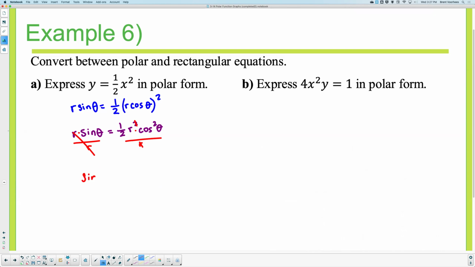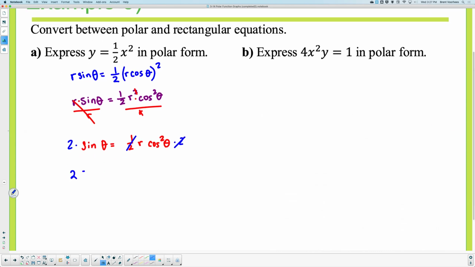But now I have that sine theta equals 1/2 r cosine squared theta. What I could do is multiply both sides by 2. That gets rid of the 1/2. So 2 sine theta equals r cosine squared theta. And finally, you would divide by your cosine squared.